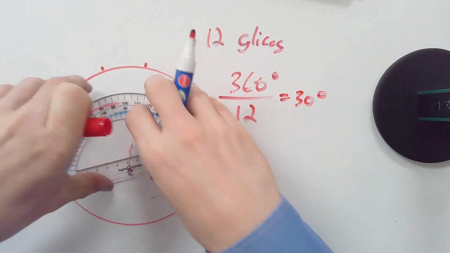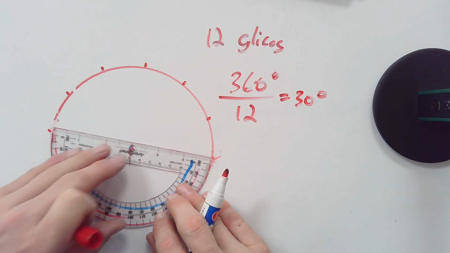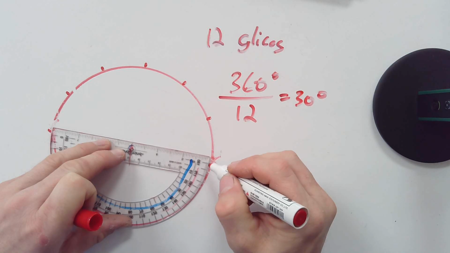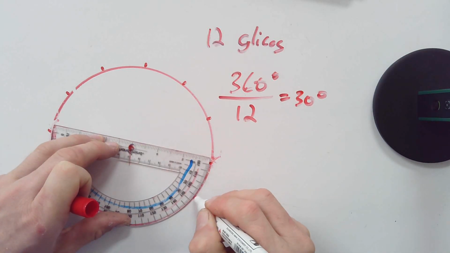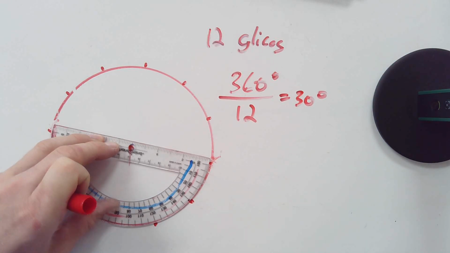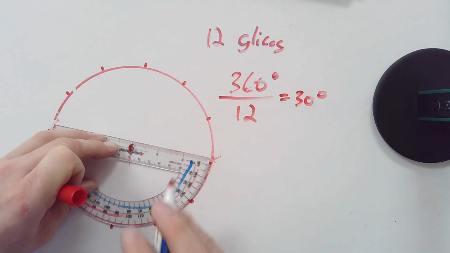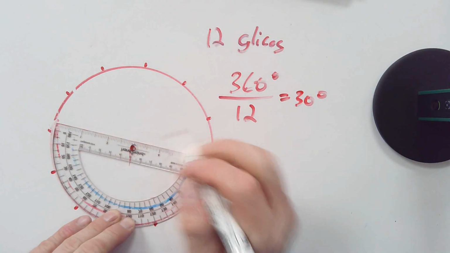Let's flip it to make everything match. Again, we have 30, 60, 90. I'm reading it backwards, but that's okay.